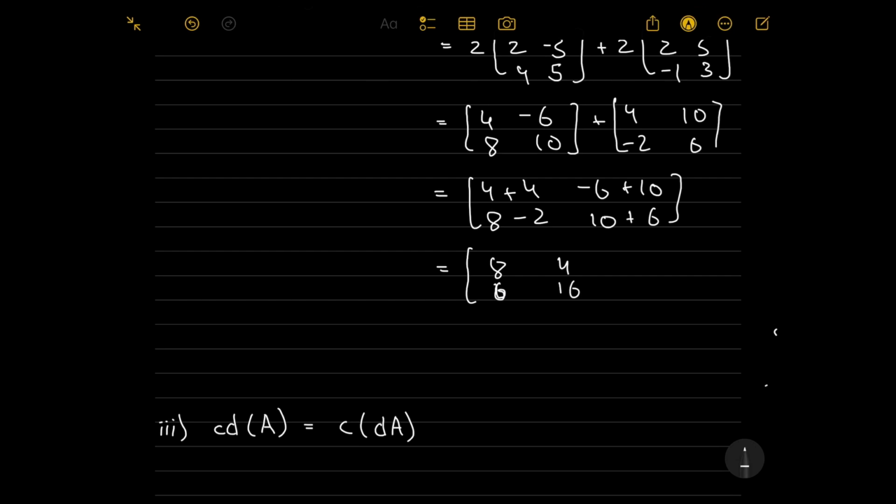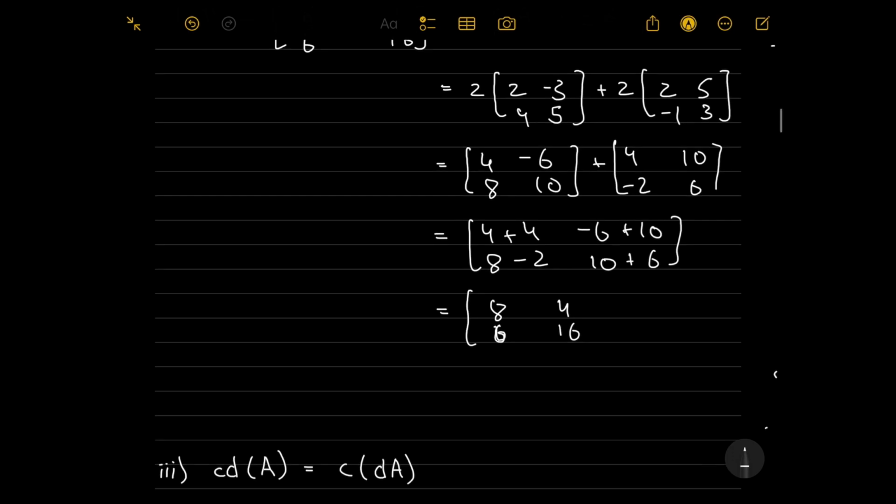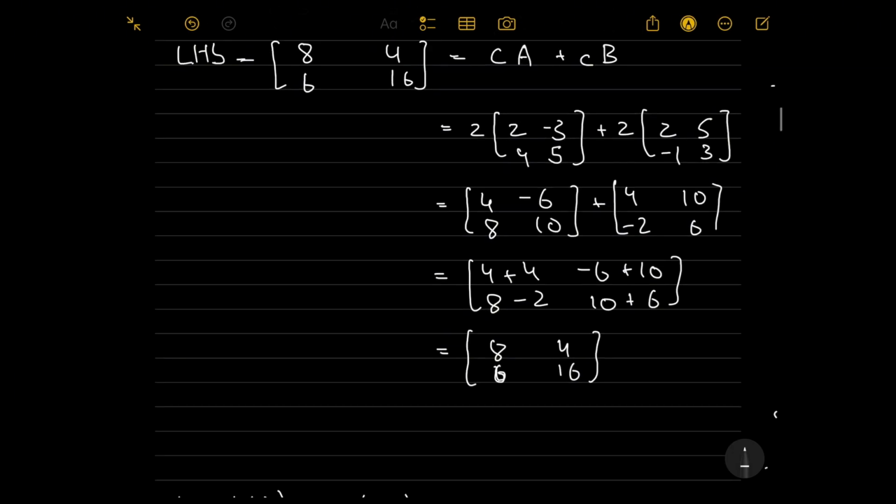So this is the right hand side, and the left hand side is 8, 4, 6, 16. So we got the left hand side equals right hand side. So it's proved.